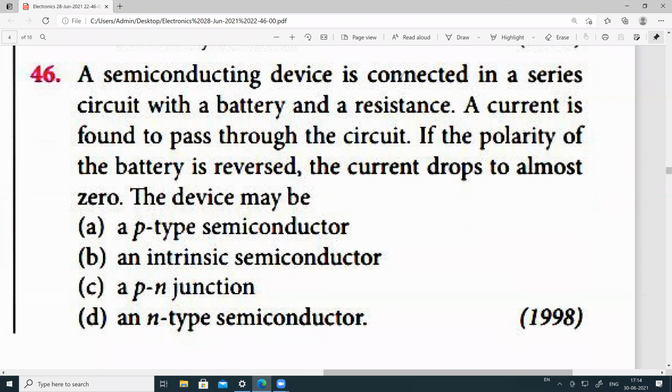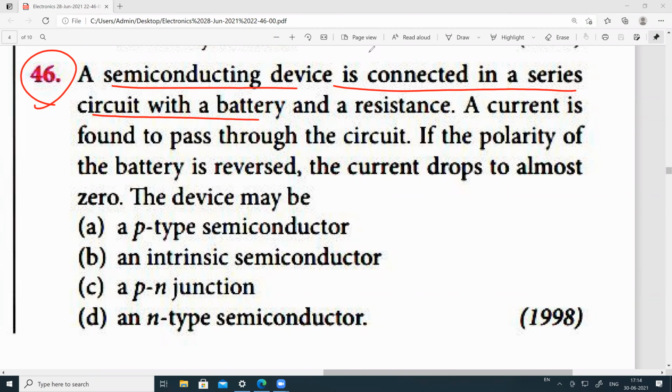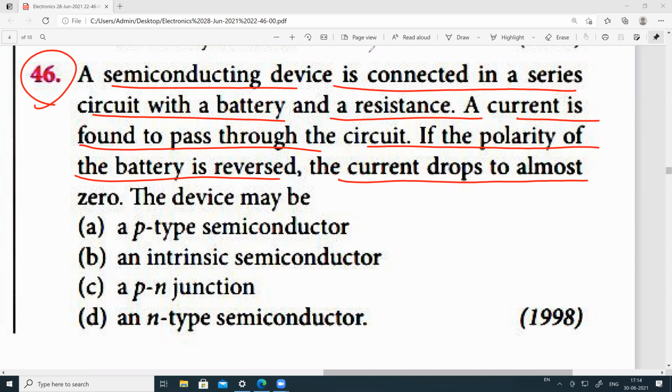Forty-sixth one. A semiconducting device is connected in a series circuit with a battery and resistance. A current is found to pass through the circuit. If the polarity of the battery is reversed, current drops to almost zero.